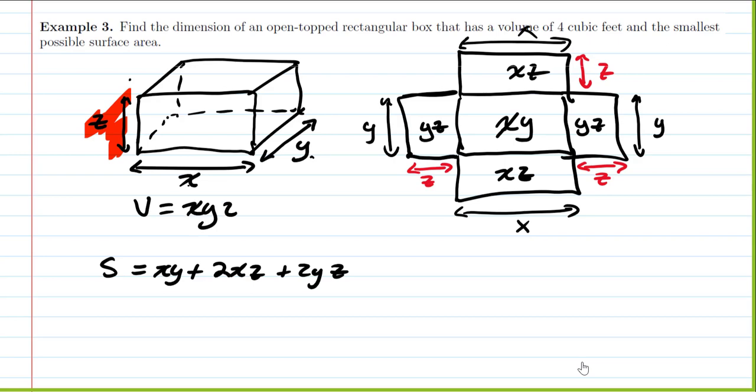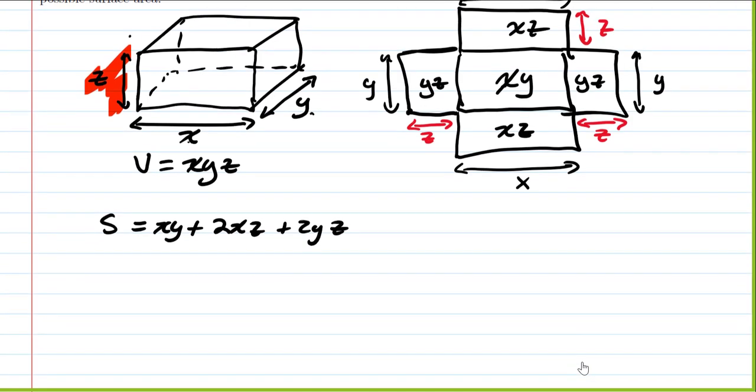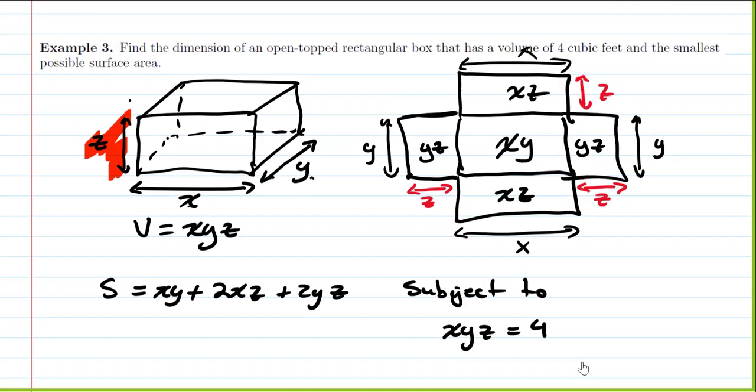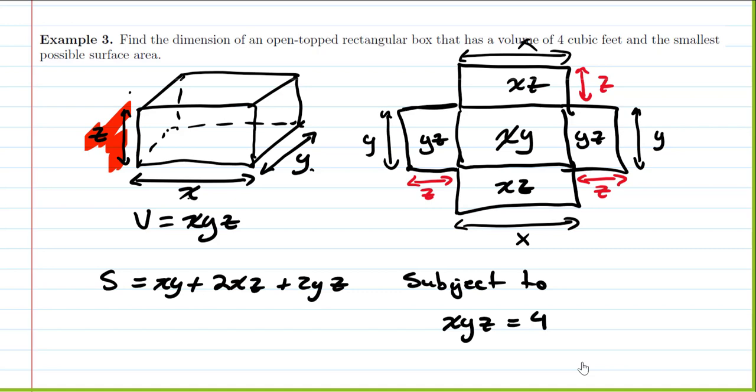So in other words, it's xyz, right? So then what are we told the volume of the box needs to be? 4 cubic feet. So subject to the constraint, we need the volume xyz to be equal to 4. So our goal then is to find x, y, and z to make a box that has a minimum surface area and contains the volume that we were requested.